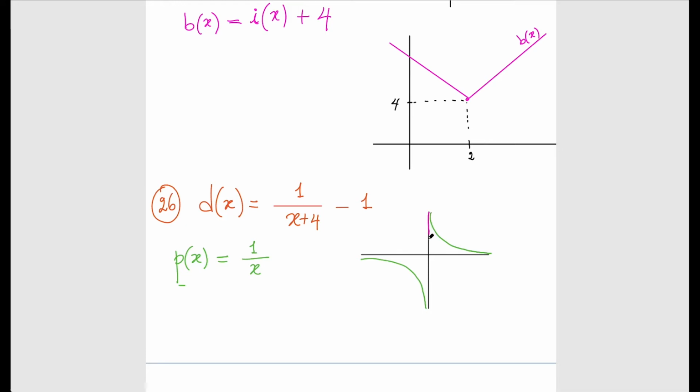This line here, which is the x equals 0 line, okay, correct? And this line, which is the y equals 0 line. So this is also an asymptote. Okay, so this line is y equals 0, and the pink line is x equals 0, right? This should be pink. Okay, all right. So that's 1 over x, that's p of x.